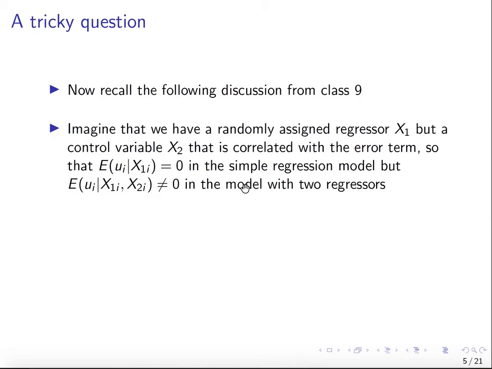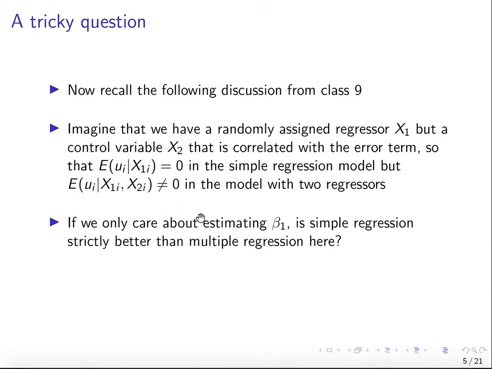Should you decide to exclude x2 so that you get this assumption, which again we said is true by construction here in this context? Or would you still want to include this control variable even though you know that now this assumption is not holding, so the assumption that this is 0 is no longer holding?